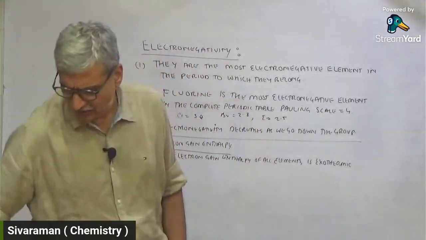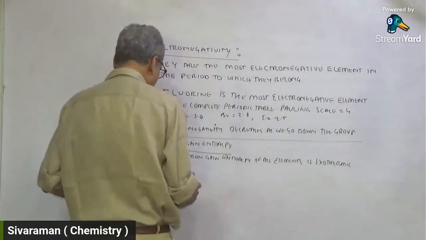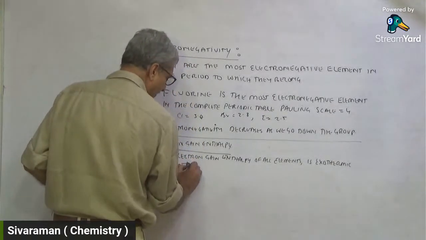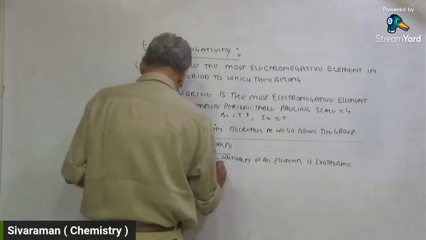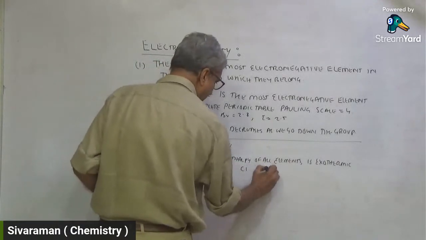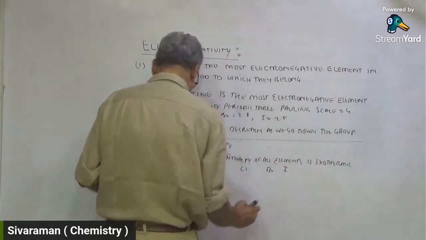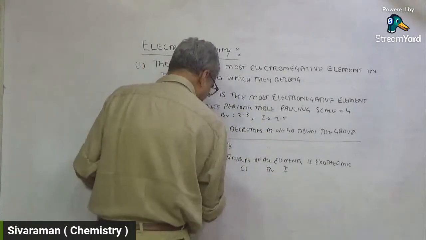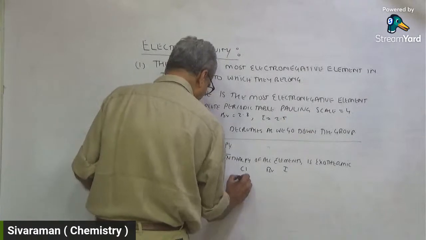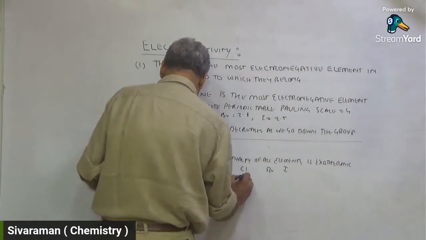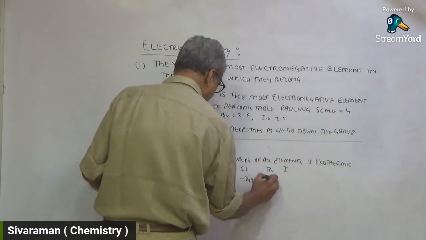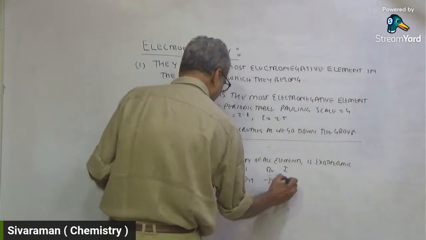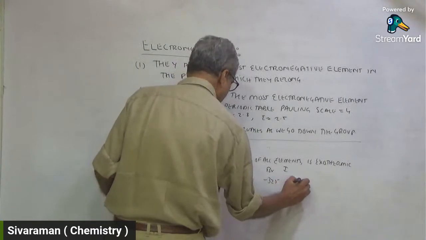So when we talk, it's exothermic, we know. Electron gain enthalpy is in kilojoule per mole. You have fluorine, chlorine, bromine, iodine, and astatine, but we are not discussing astatine. Fluorine will have minus 328 kilojoule per mole, then our friend chlorine minus 349, bromine minus 325, and iodine minus 296.